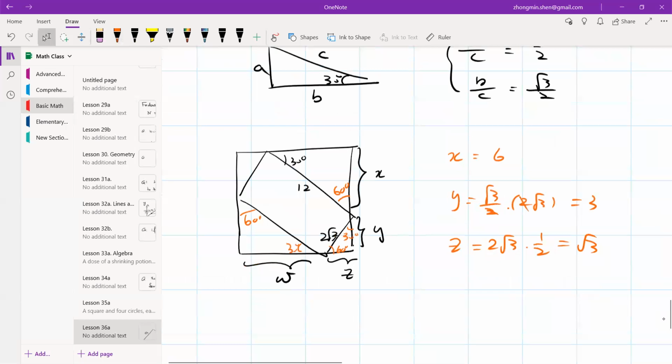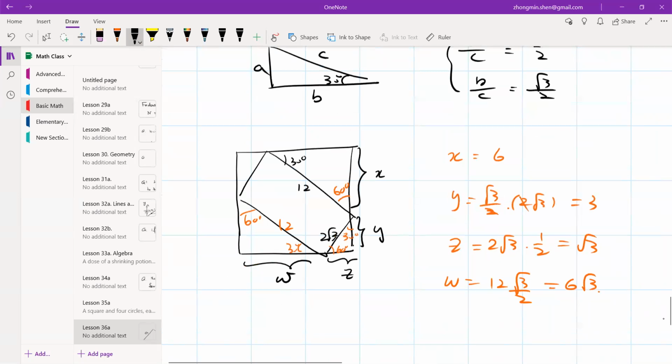All right, how about W? This side is also 12, so W is going to be 12 square root 3 over 2, so it's 6 square root 3. So you get all of them.